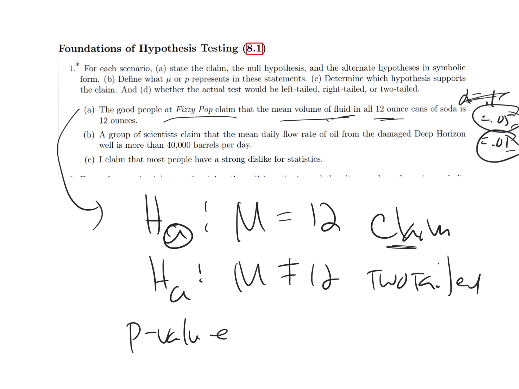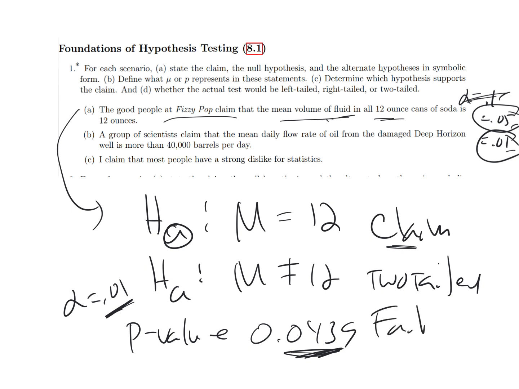So we're probably going to go with a 0.01 level of significance, and if our p-value was, let's make something up, 0.439, that's the probability that the sample result was that far away from 12 to say something was unusual, and we're using this as the unusual cutoff. Well, that's not unusual, so we would fail to reject H0 in this case because the p-value is bigger than our level of significance.